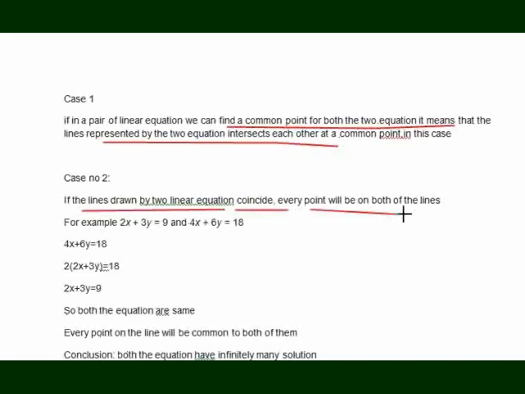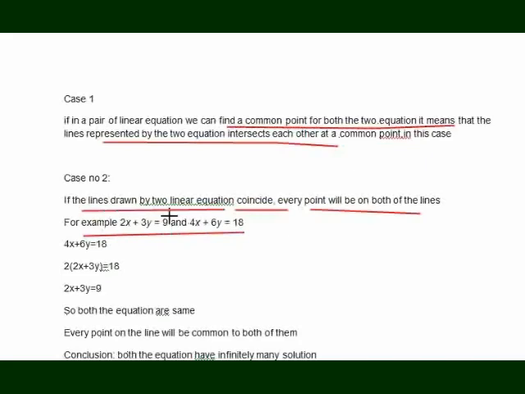Every point will be on both lines. We have already solved this kind of problem and drawn this kind of graph, and seen how two lines coincide. So this is case number 2, where the two lines coincide and every point will be on both of the lines.